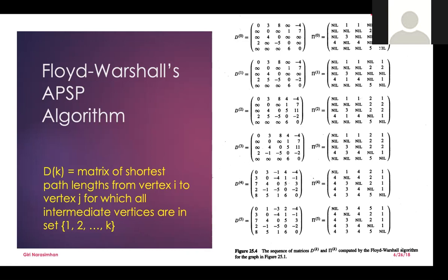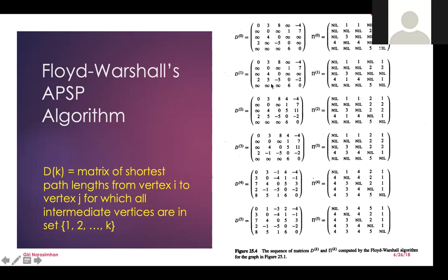And when k equals n, essentially you're allowed to try out any possible path. And so therefore, the information you will have will be the genuine matrix of shortest path lengths between vertices i and j for every such pair. So that's the idea here.